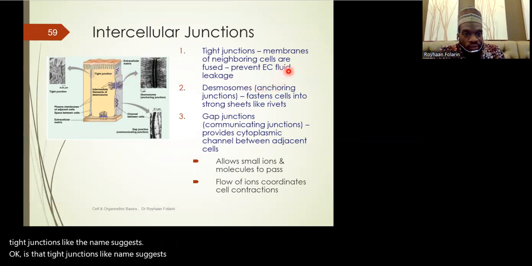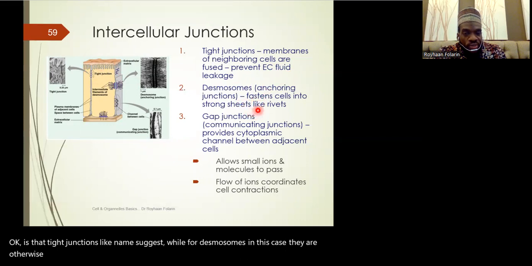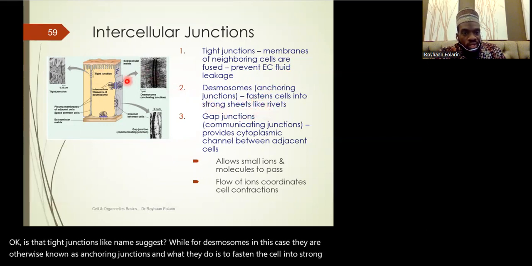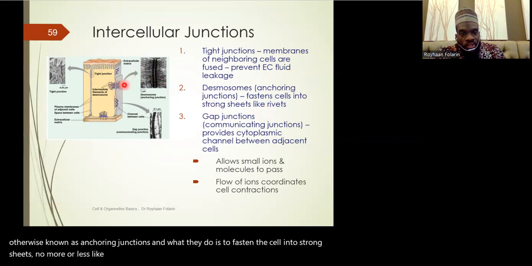While for desmosomes, in this case, they are otherwise known as anchoring junctions, and what they do is to fasten the cells into strong sheets, more or less like rivets. But this will still allow some movement as necessary.